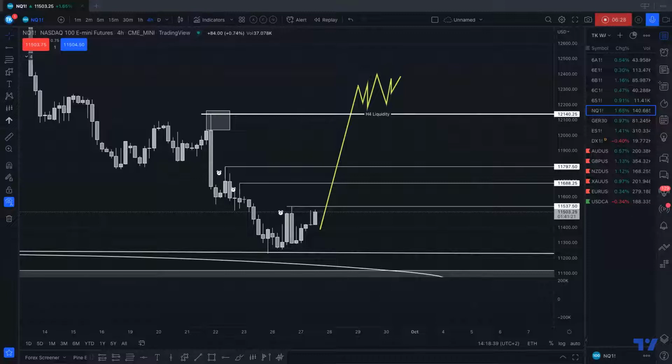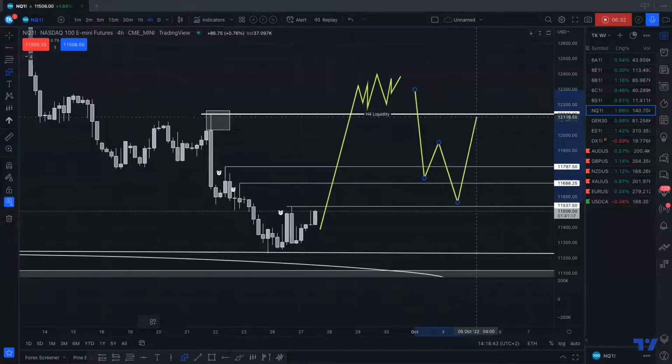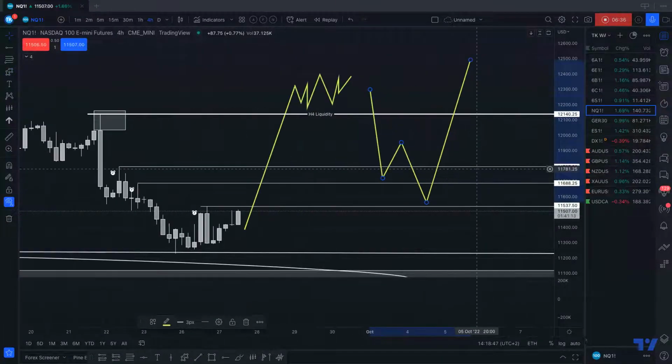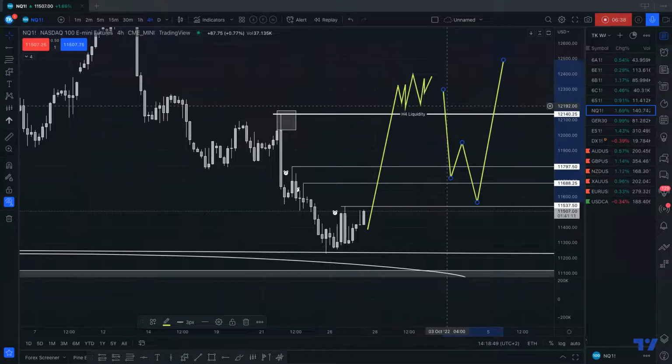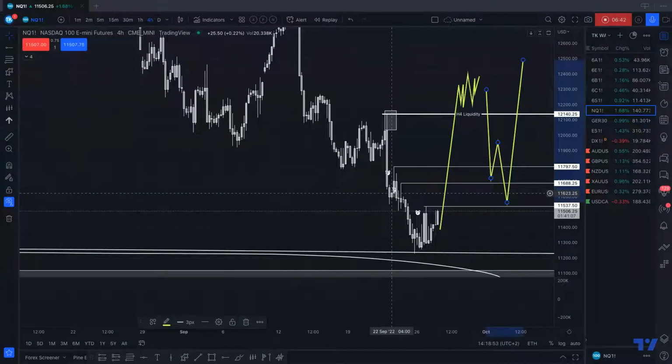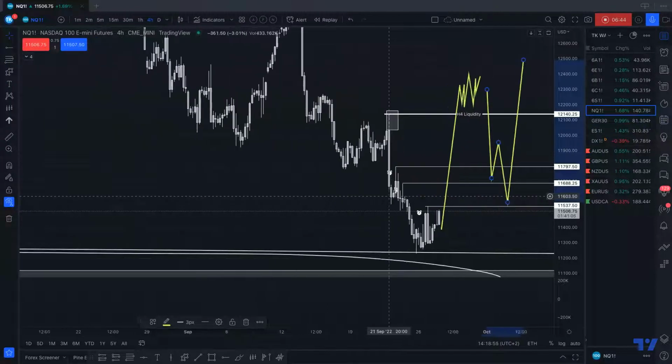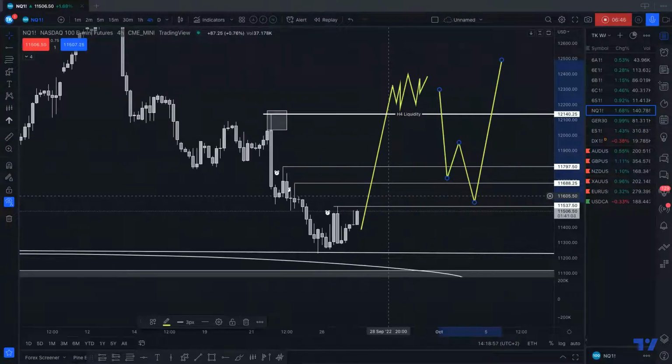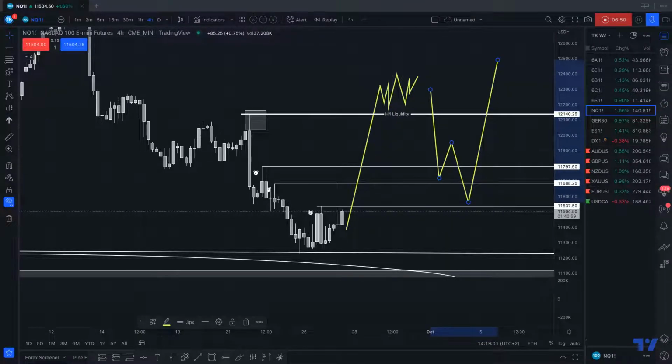So in that case, price will probably take liquidity over here to change the trend definitively. This is what I want to see, and basically, this is my view on the Nasdaq and S&P as well.